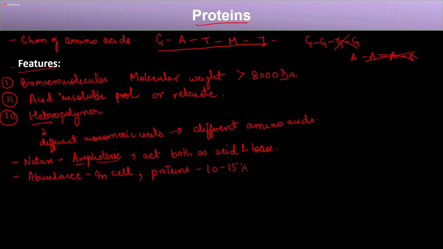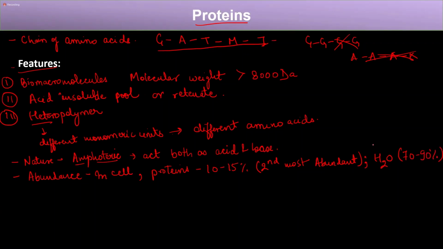So 10 to 15% of the cell consists of protein, and it is the second most abundant biomolecule. Now, which is the first most abundant molecule? It is water. Water is the most abundant molecule present in the cell, at 70 to 90%.